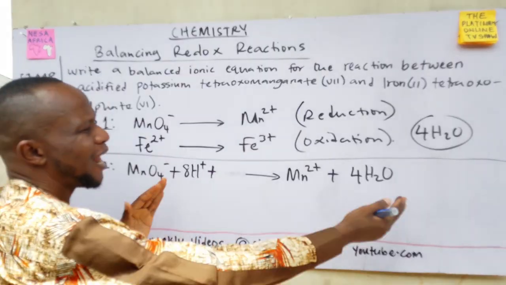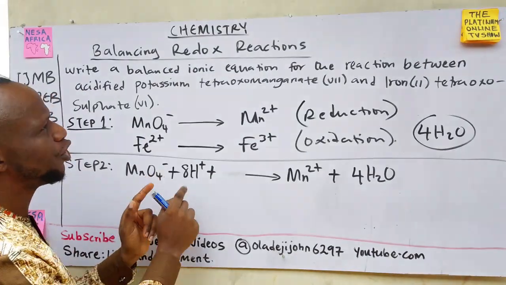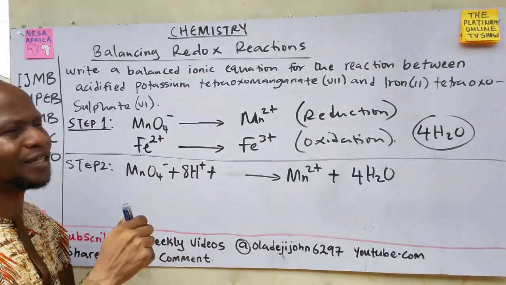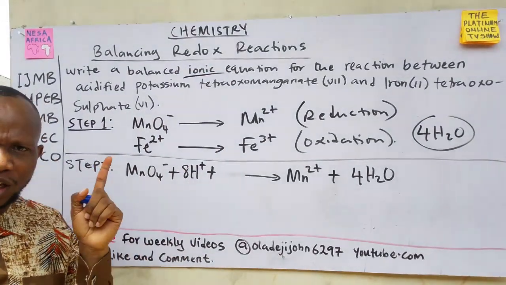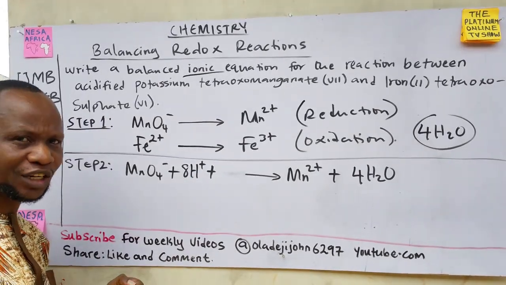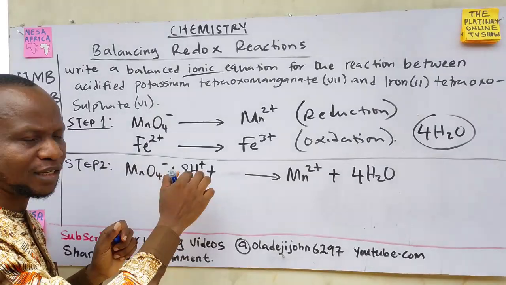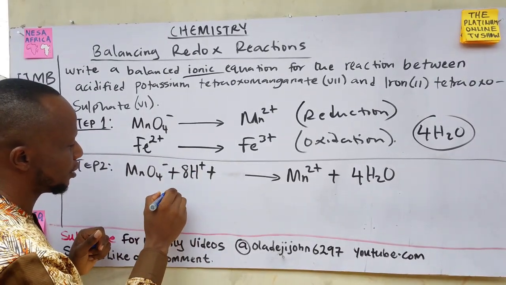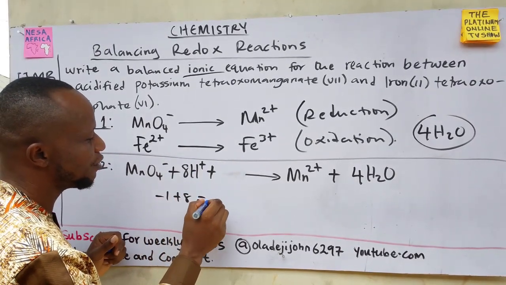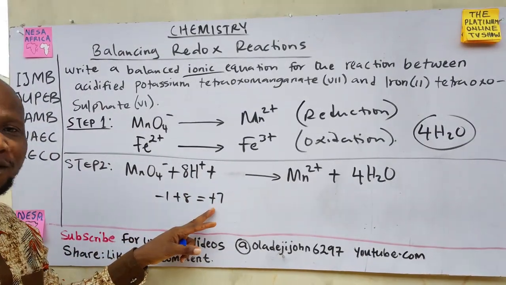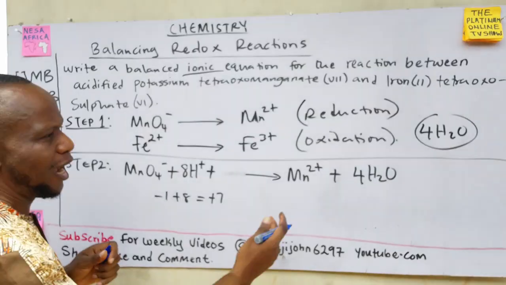This is what we do: we try to balance the charge. We talk about ionic, so the issue of charge is very important, balancing and checking out for the charges. Here we have -1 plus 8, which gives us +7. So we are expected to have 7 charges here.